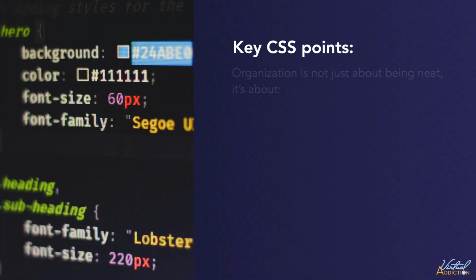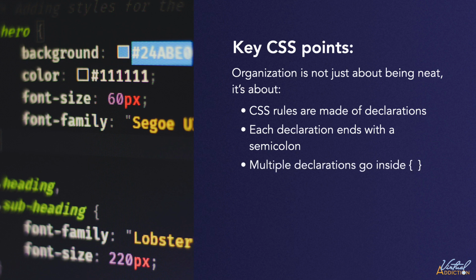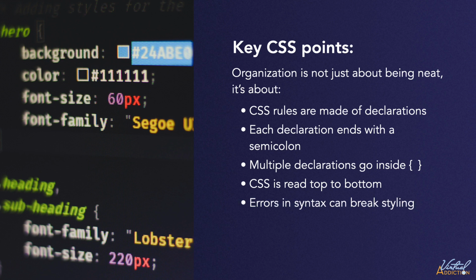Here are important things to remember. CSS rules are made up of declarations. Each declaration ends with a semicolon. Multiple declarations go inside of curly braces. CSS is read from top to bottom, and even small syntax errors can break your styling, so attention to detail is important.